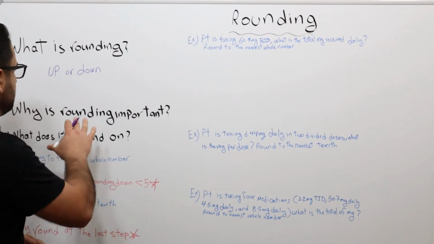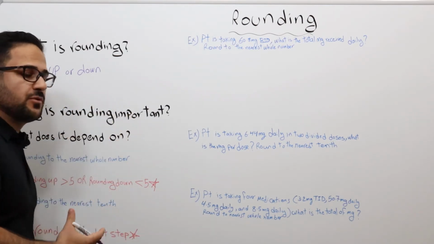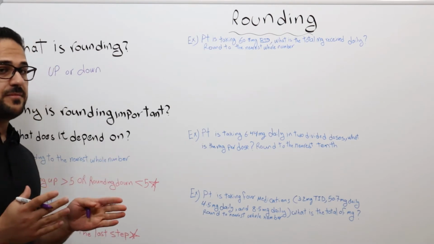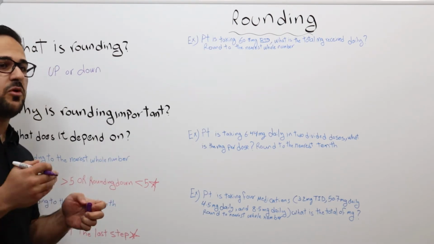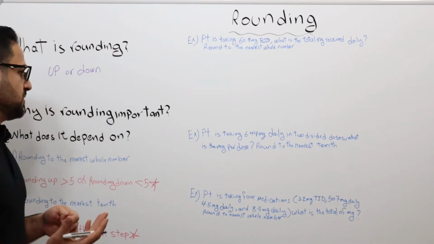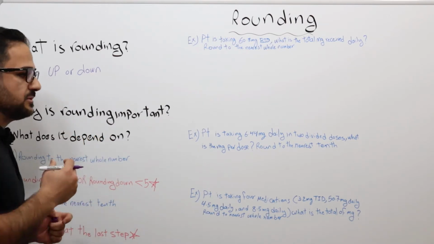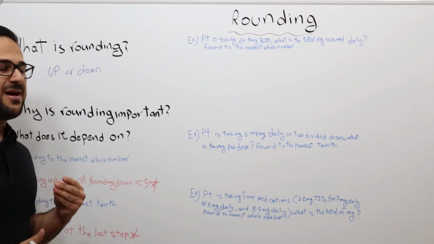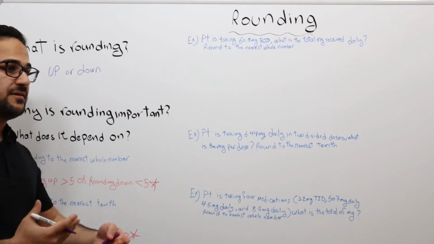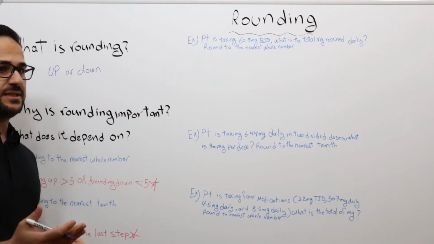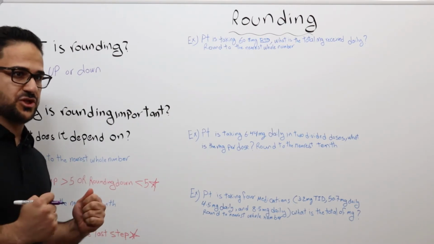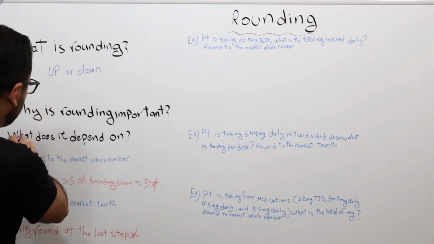Not only that, rounding is also important because so many different medications come in small dosages. So it's really important to round correctly because any mathematical error can give a different dose, resulting in a different outcome to the patient.